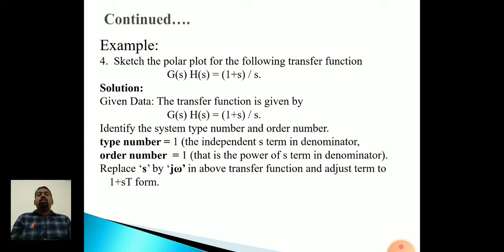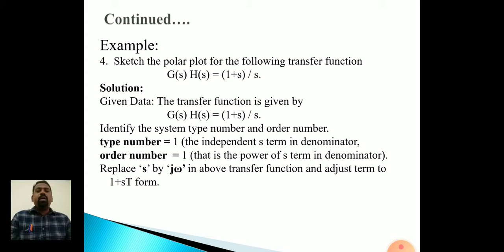Because of this type number and order number, it determines the shape of the polar plot. So once again adjust to the 1 plus sT form if necessary. In the numerator it is 1 plus s, no need to adjust, but in the denominator s is there, so that we have to adjust. That is 0 plus s, like that.